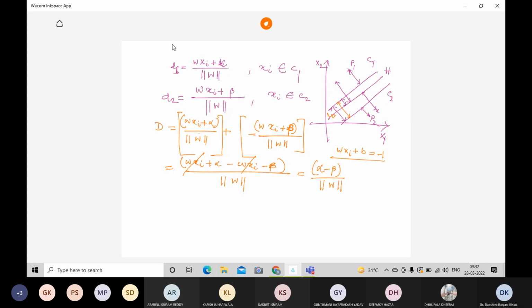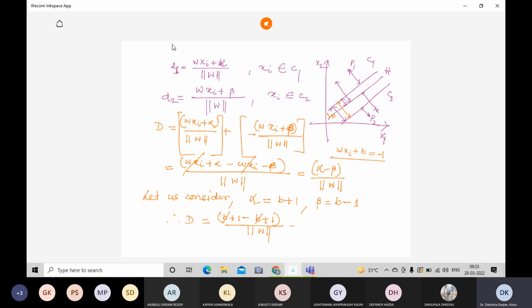Now let us consider alpha equals b plus 1 and beta equals b minus 1. Now what will d be? So d becomes b plus 1 minus (b minus 1) divided by w.